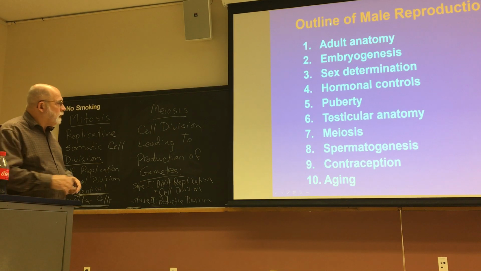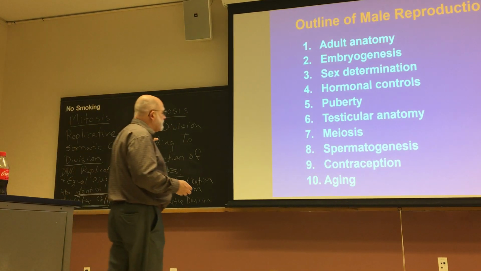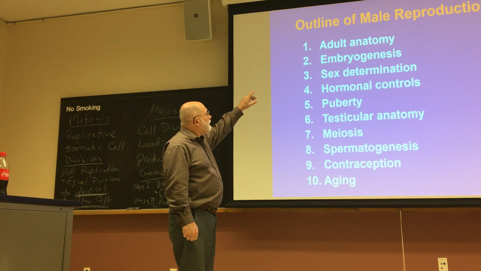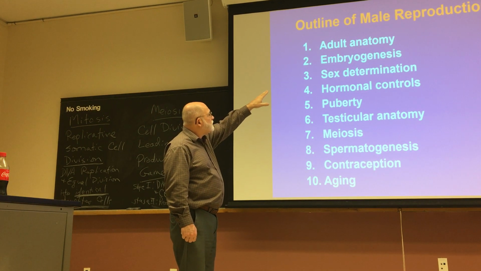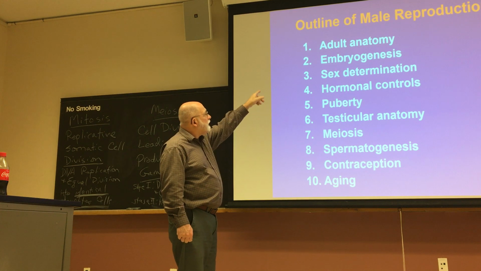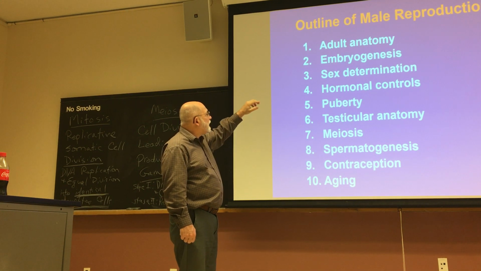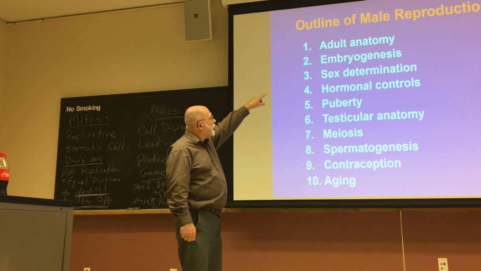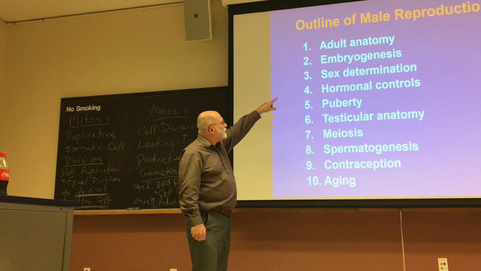So I'll begin the process. We've talked a little bit of meiosis. When I talk about reproduction in the male, there'll be a similar outline for the female. I'll go over the anatomy. I will eventually go over the embryogenesis and the sex determination.